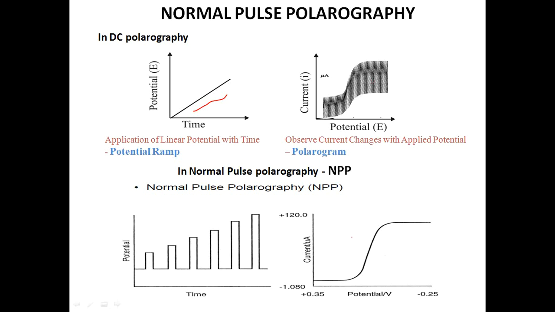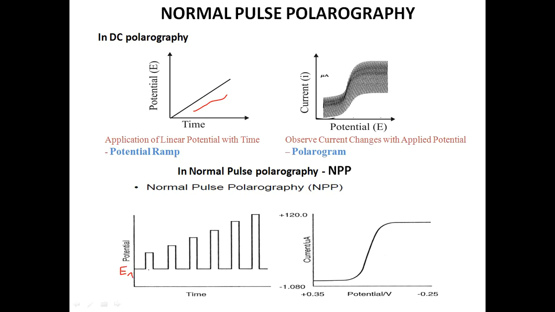But in normal pulse polarography, a constant potential, which can be denoted as En, is applied every time.